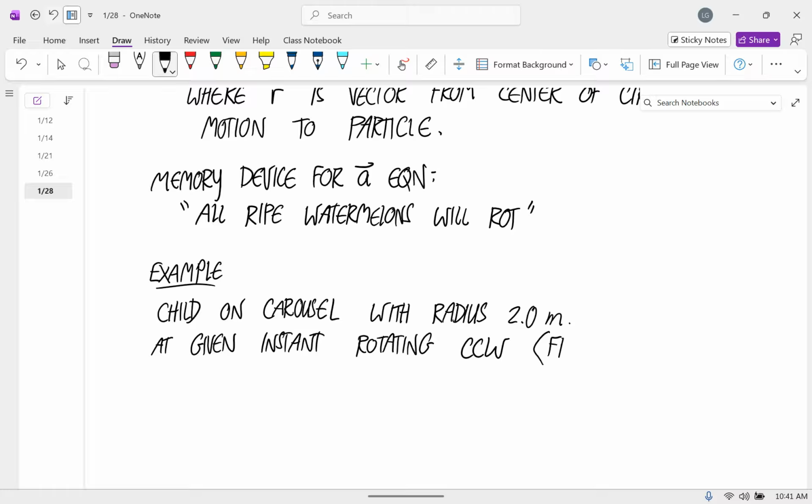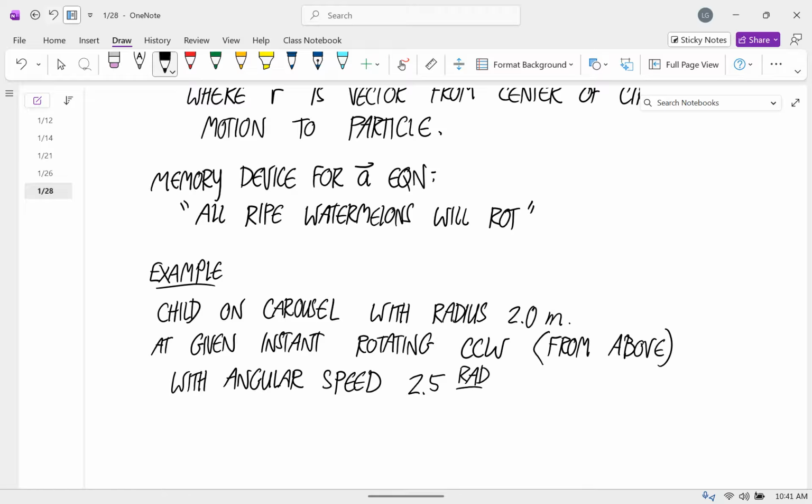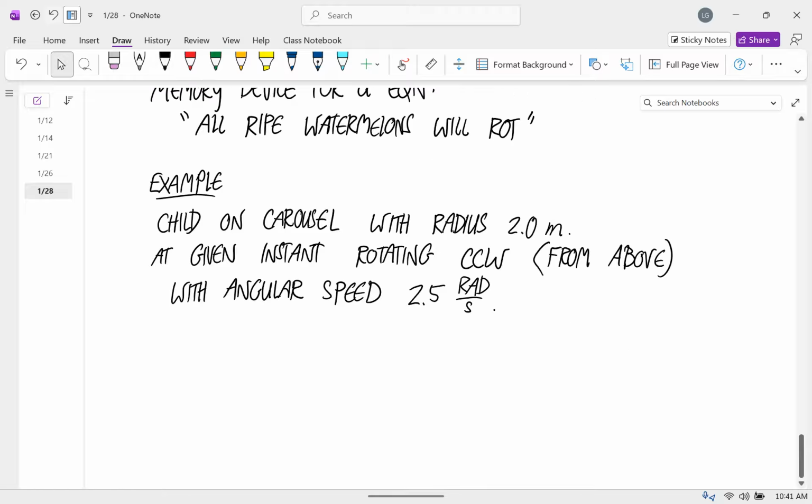So I'm going to just specify that I'm talking about from above. With an angular speed of 2.5 radians per second. And at this instant, it's slowing down at 9.5 radians per second squared.